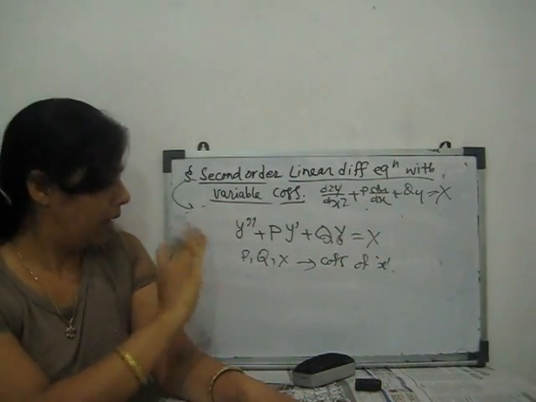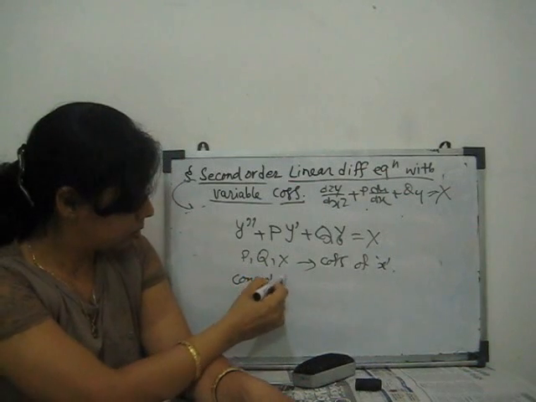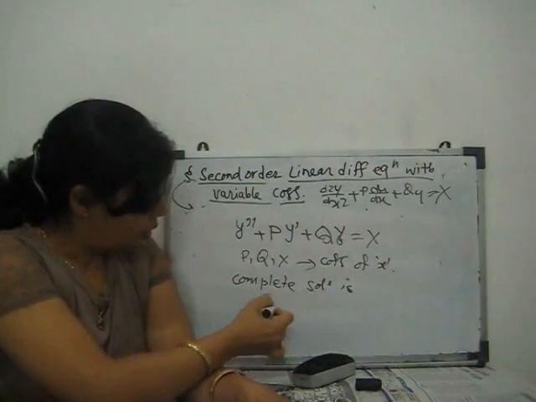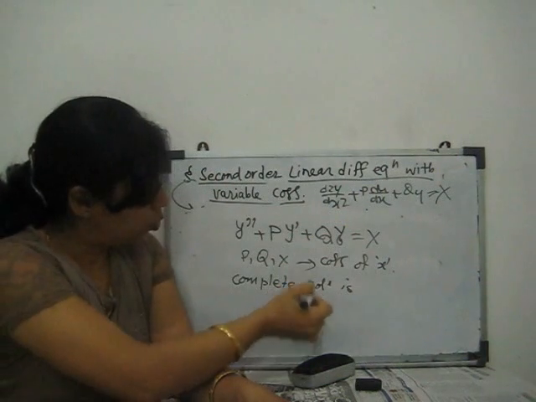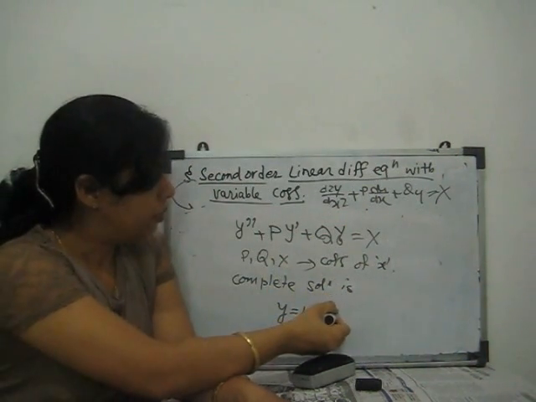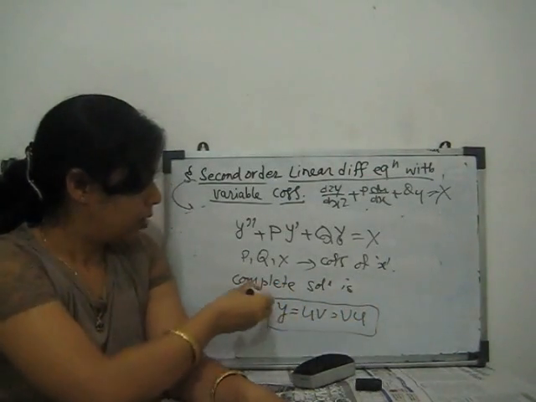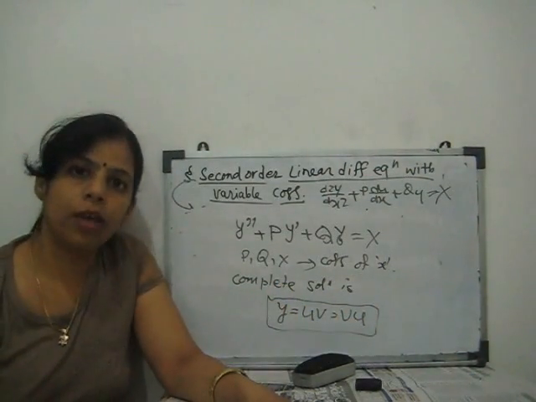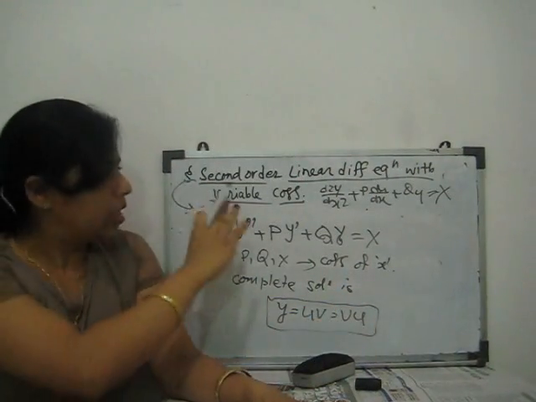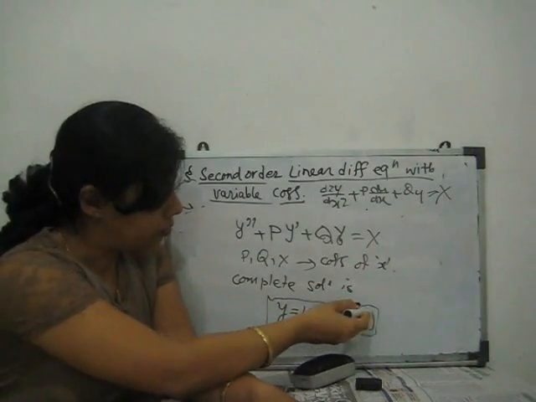Clear? So there is a method for solving this equation. We say its complete solution is y equal to uv, or we can say vu, anything. Clear? In this method, when one integral is known, it means we know this one u.